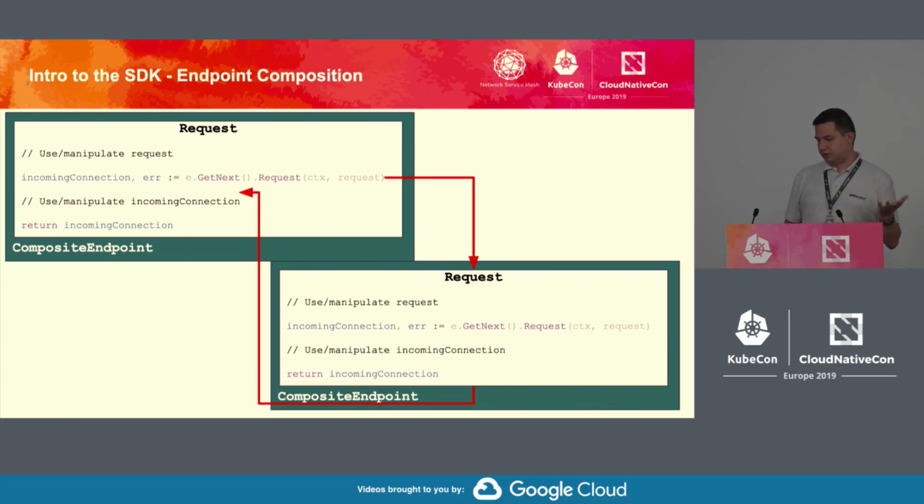With the request callback, when you get the request, you can use it or manipulate it, and then you call the next guy in the chain, who can use it and manipulate it. As a result, every one of these requests just returns an incoming connection, which is a structure with all the IP addresses and context information, depending, of course, on your use case.